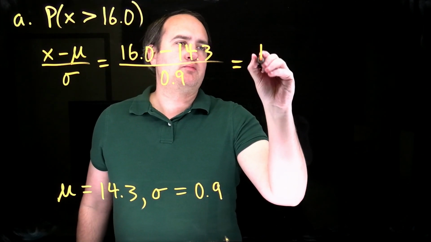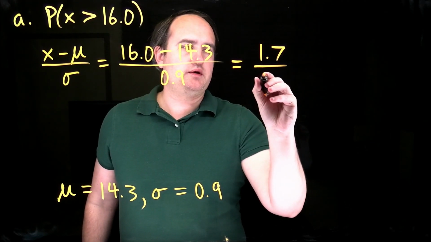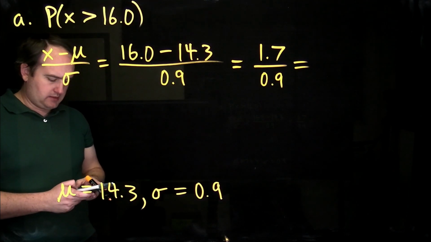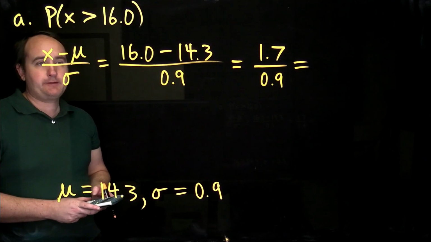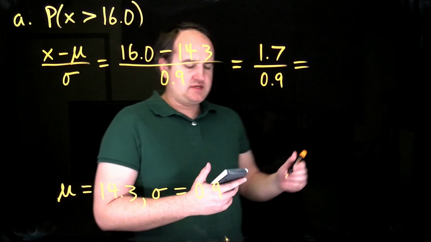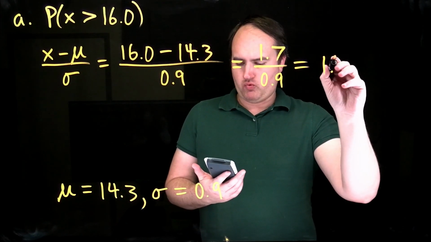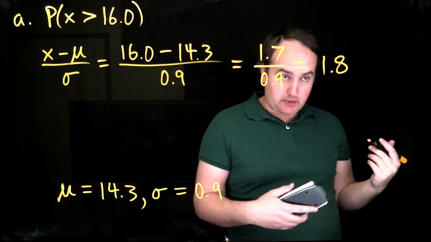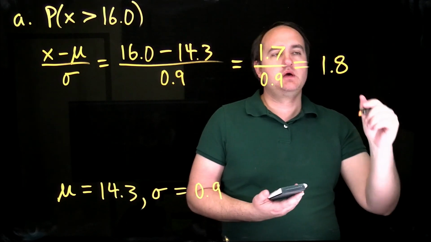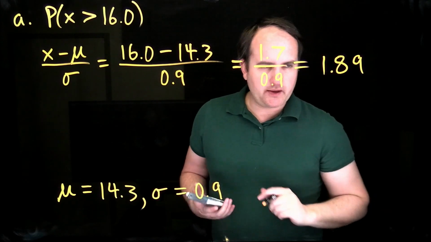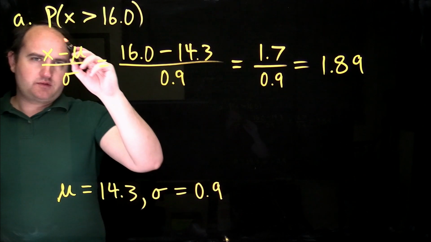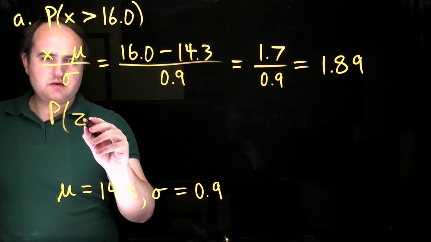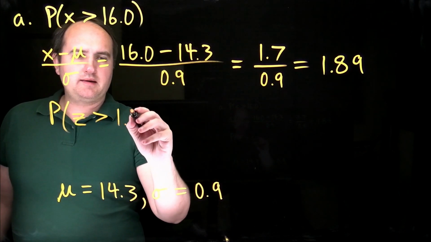Our numerator is 1.7, our denominator is 0.9, and 1.7 divided by 0.9 gives us a z-score of 1.8 repeating. Remember, you're supposed to round z-scores to 2 decimal places, so this rounds up to 1.89. Really, what we're trying to find here is the probability that z is greater than 1.89.